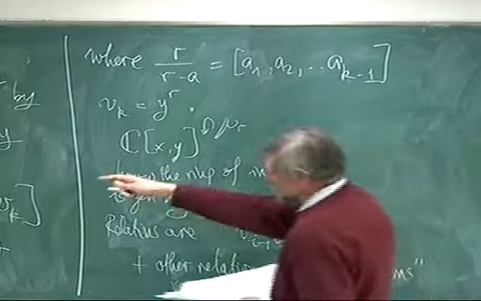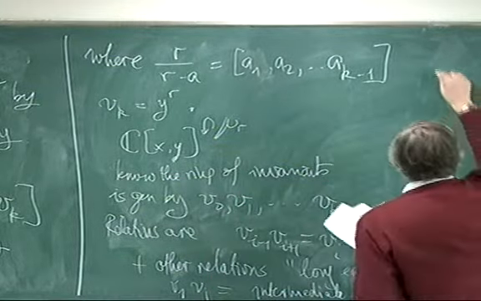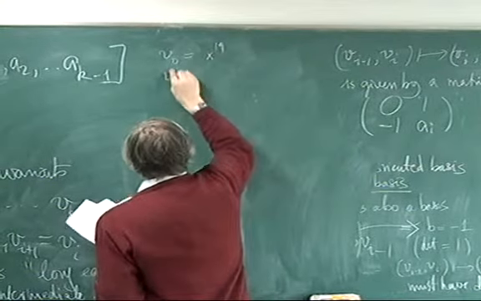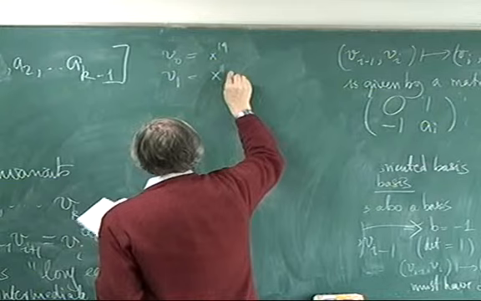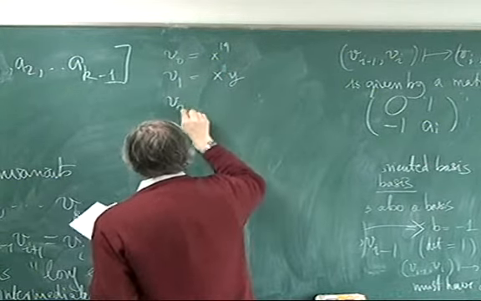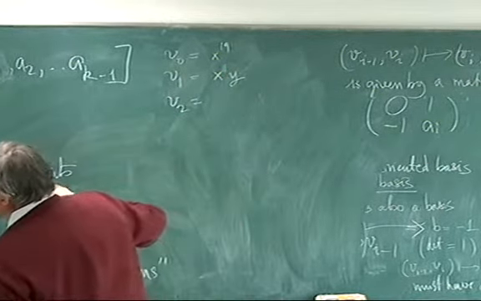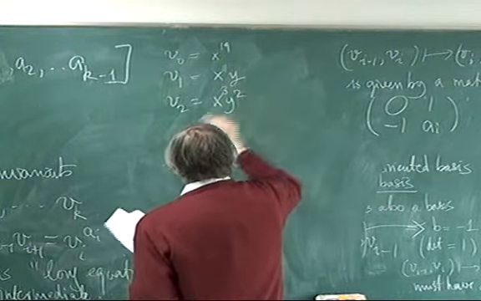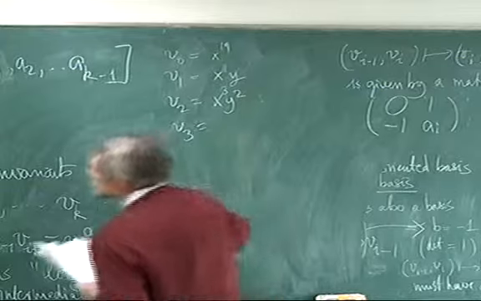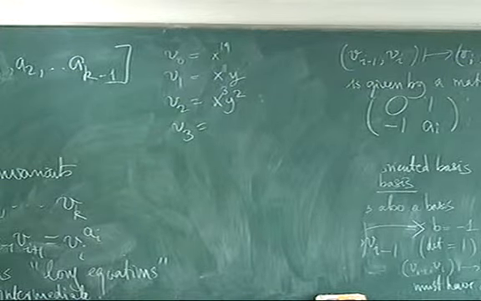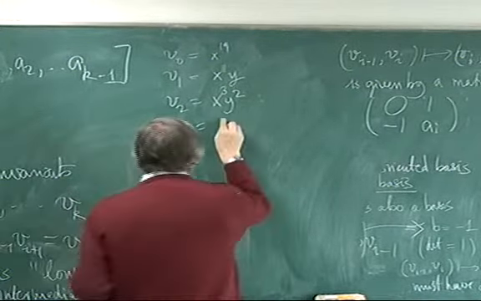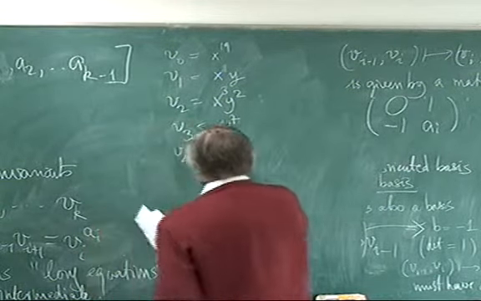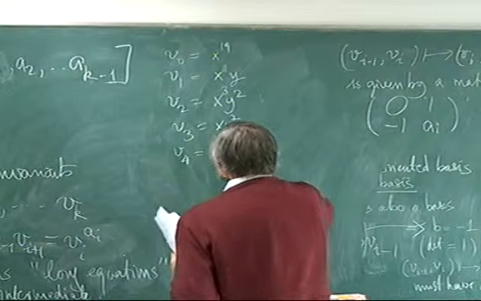Let me think about the example over there. So I had V0 is x to the 19th, V1 is x to the 11th y, V2 is x cubed y squared, V3 is x y to the 7th, and V4 is y to the 19th.